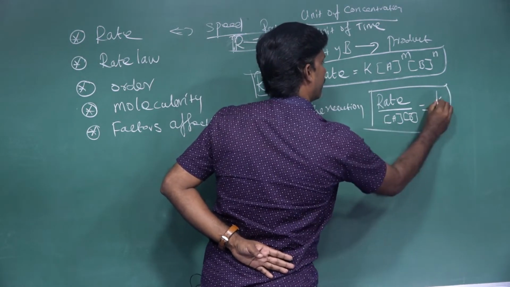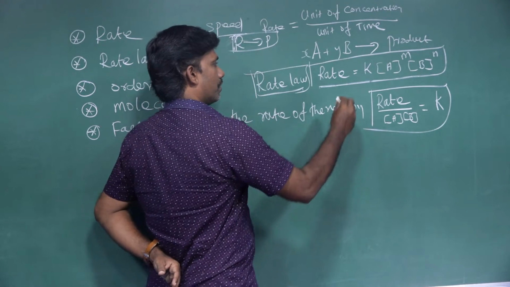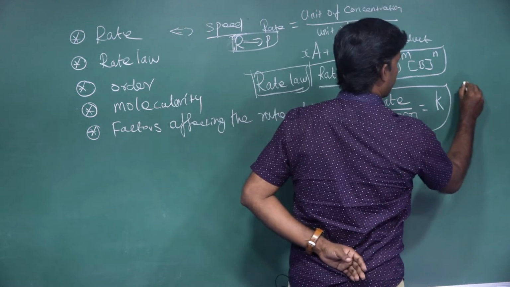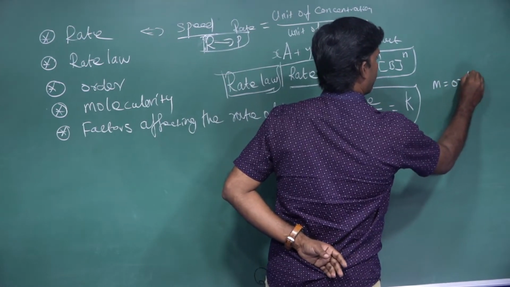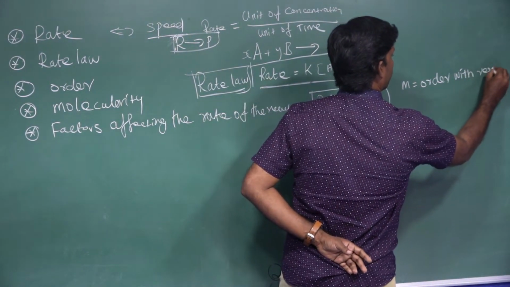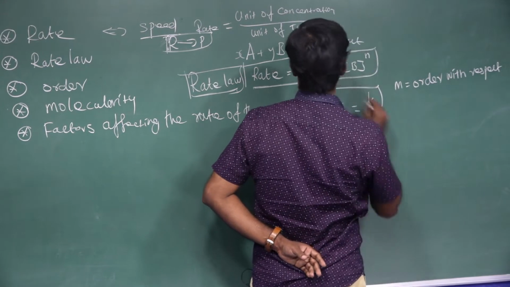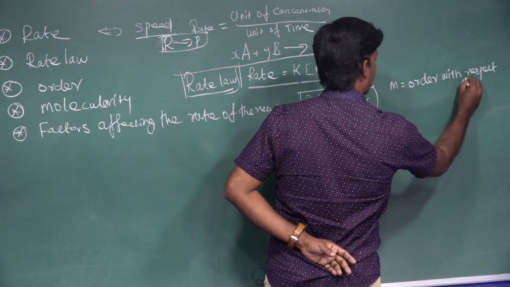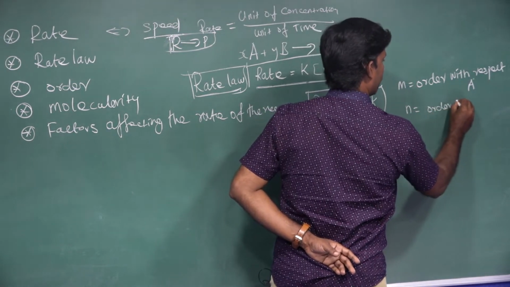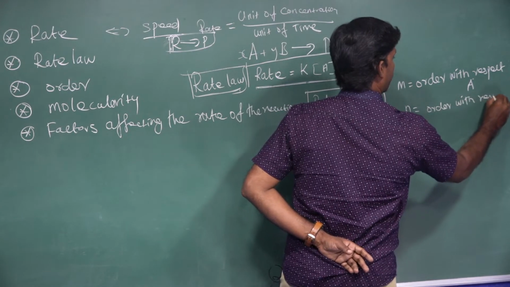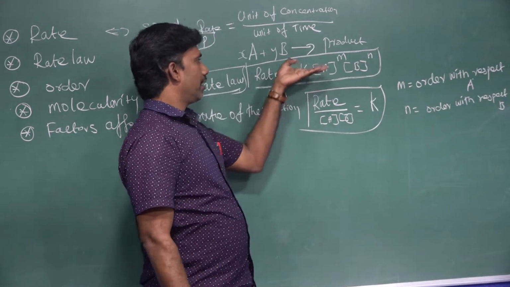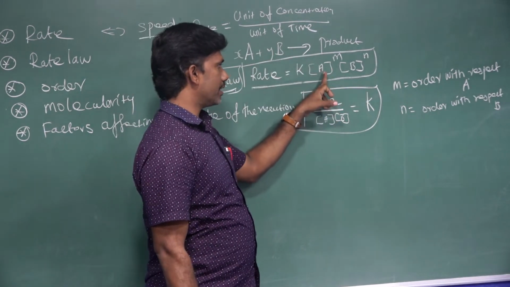Here, concentration A, concentration B, m is the order with respect to A. n is the order with respect to B. So in the reaction, if they ask what is the order of A, that is m.